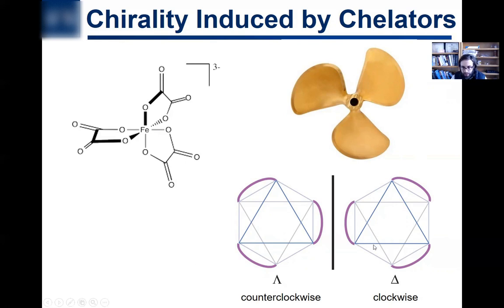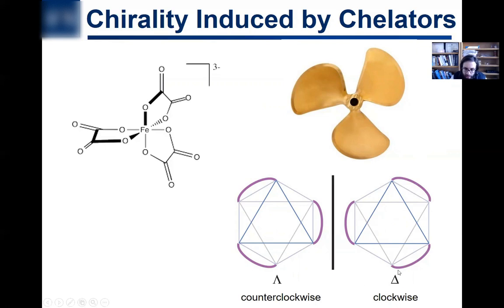So how does this work? You can see here, this blue triangle is the top of this molecule, viewed like a propeller. If you rotate this clockwise, these are your binding ligands. So to get to here, you have to go clockwise. You have to go this way. This point has to go that way. That point has to go that way. When you're going away from yourself, the helix is going like that.